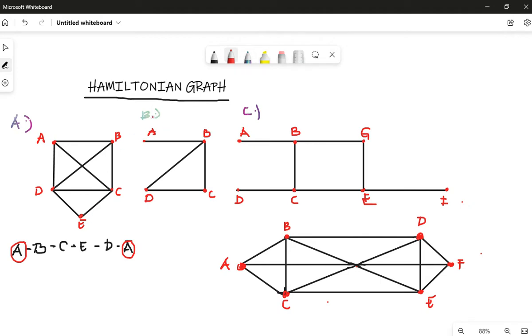Now, let's go to figure B. Okay, let's find a Hamilton path first.